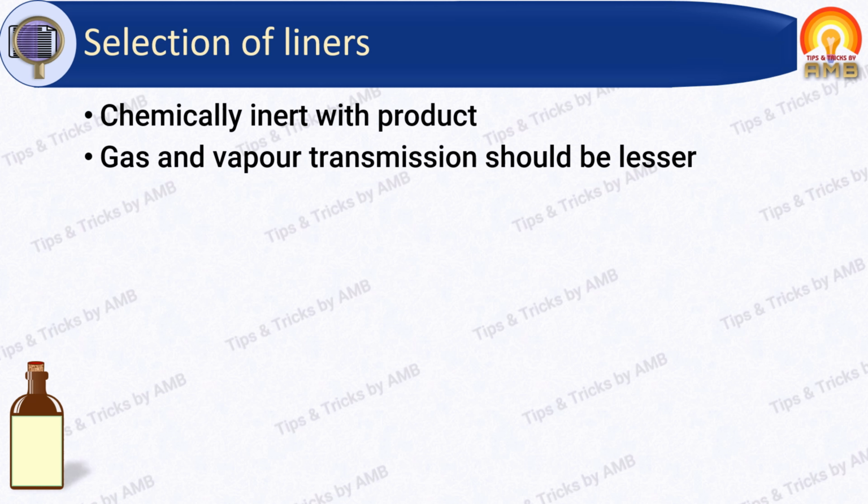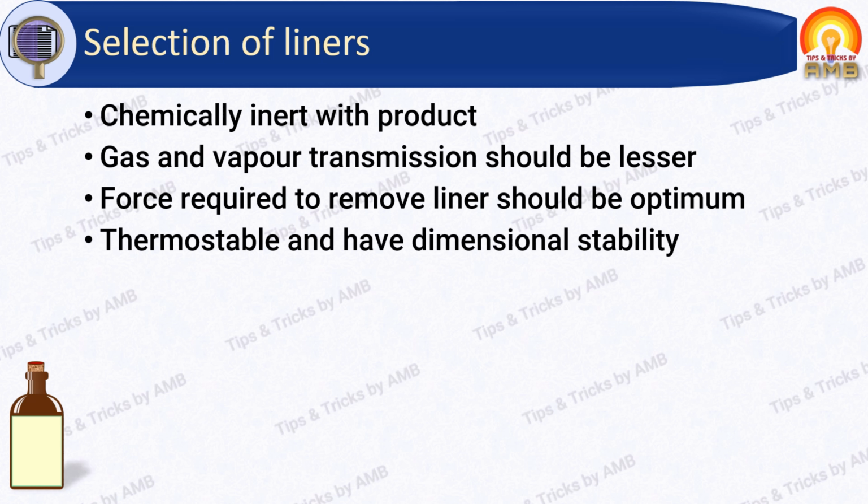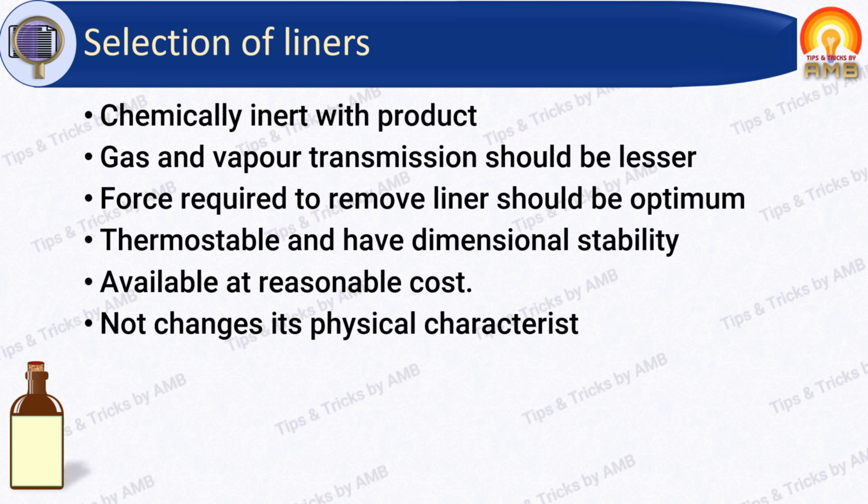Next, the force required to remove the liner should be optimum. Next is, it should be thermostable and have dimensional stability. Another is, it should be available at a reasonable cost. Next is, it should not change its physical characteristics during the shelf life of the product.